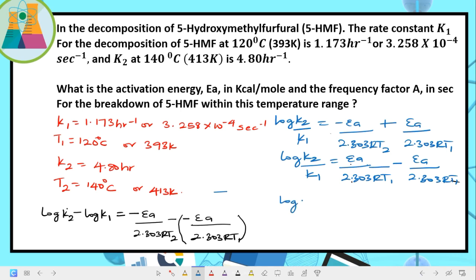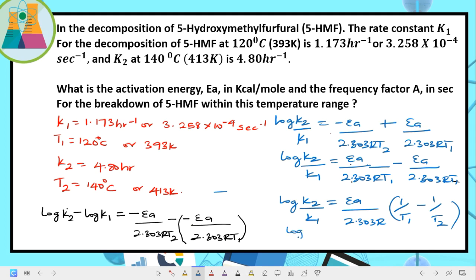log K2 all over K1 is equal to, what is common here? We said EA all over 2.303 R is common. So what is left here? Here will be 1 all over T1, minus, here will be 1 all over T2, with what we did initially. Now what is the LCM here?